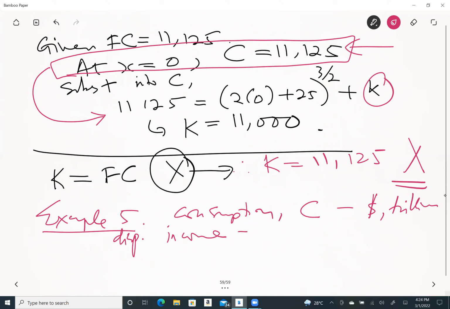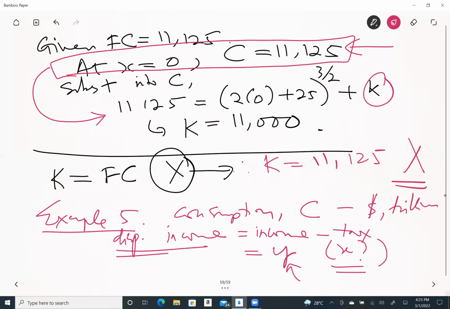Disposable income is the income where you already deduct the tax, that is how much you spend, and that is denoted by Y. So it's not X, so don't be confused why they use Y. Y is not the dependent variable. Y now is the independent variable because they use Y to denote disposable income.